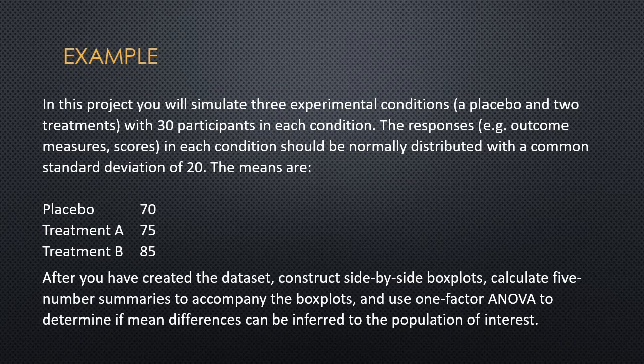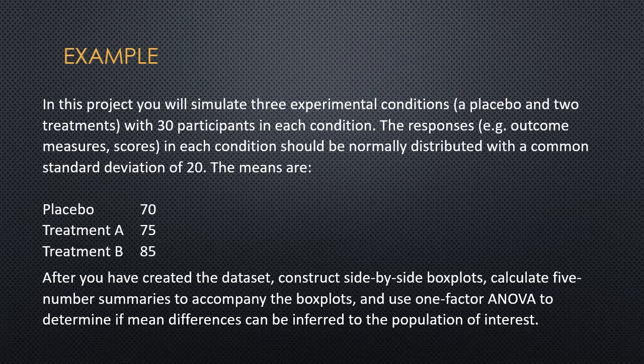In this project, we will simulate 3 experimental conditions, a placebo and 2 treatments, with 30 participants in each condition. The responses, that is, the outcome measures or scores in each condition, should be normally distributed with a common standard deviation of 20.